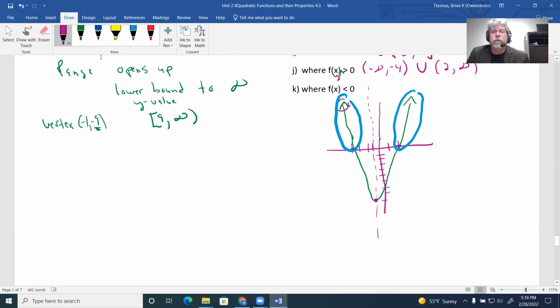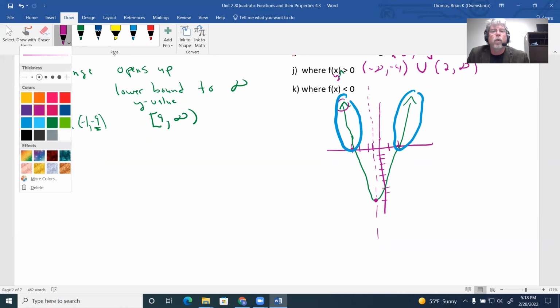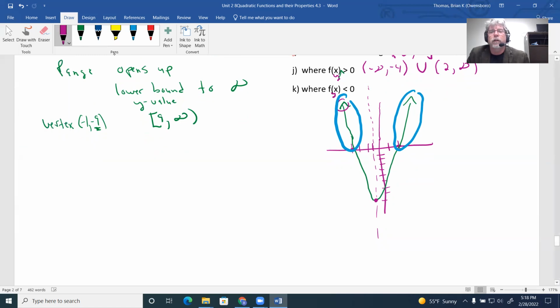Where the graph is less than 0, where y is less than 0, that's where the graph is below the x-axis. It's below the x-axis here. So that means between -4 and -2, the graph is below the x-axis. So the y's are negative between -4 and -2.